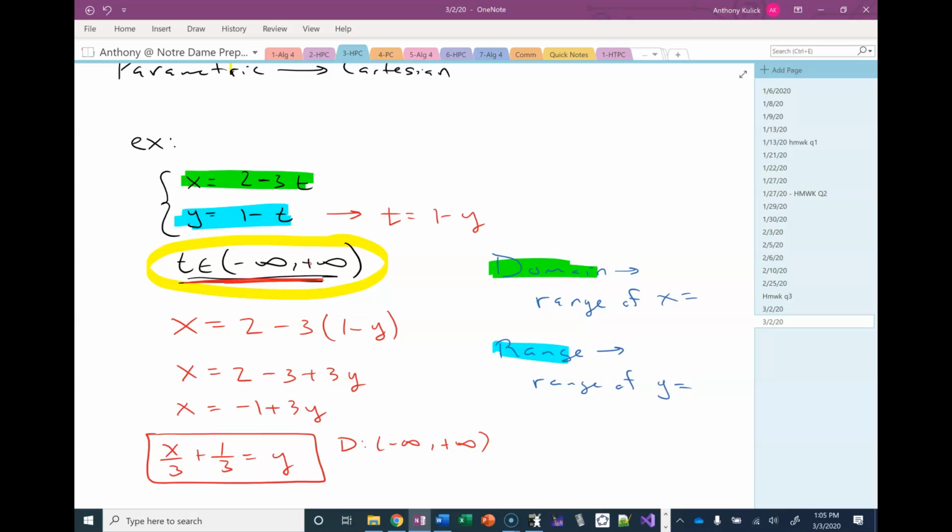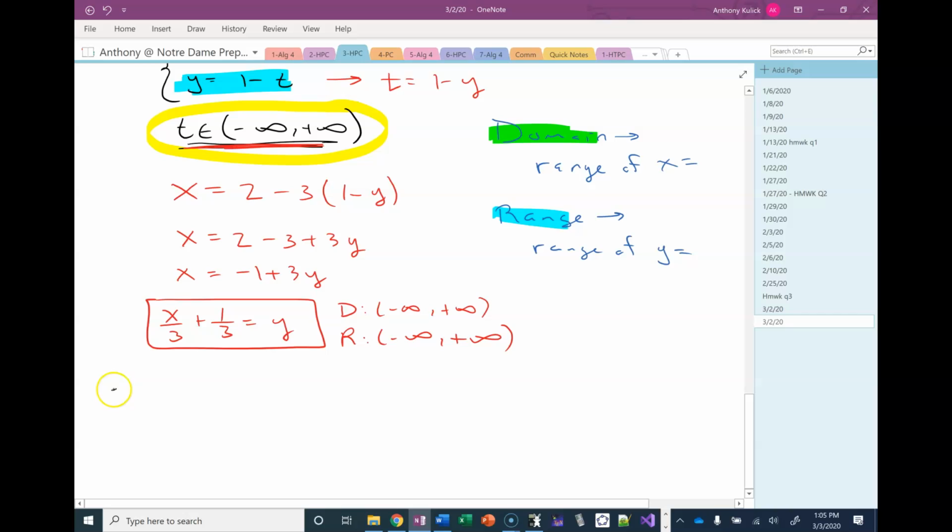Negative infinity to positive infinity. So that tells me that the range for my function is also negative infinity to positive infinity. Okay. Let's do another example of this and finding these domains and ranges.